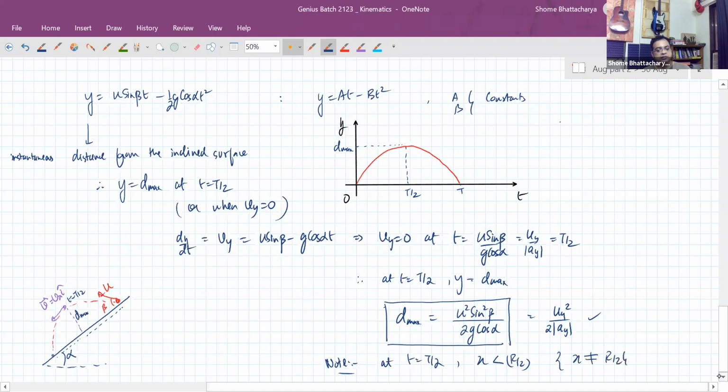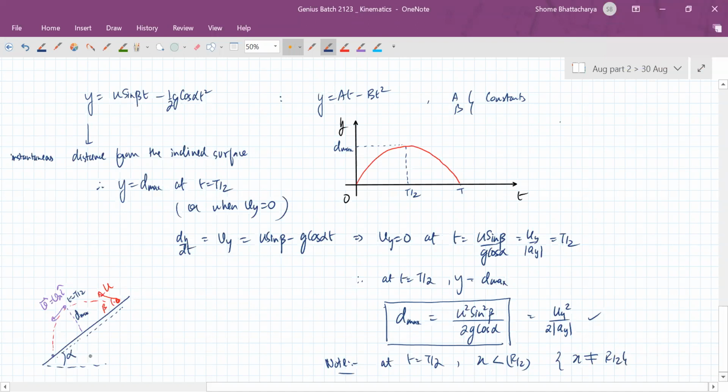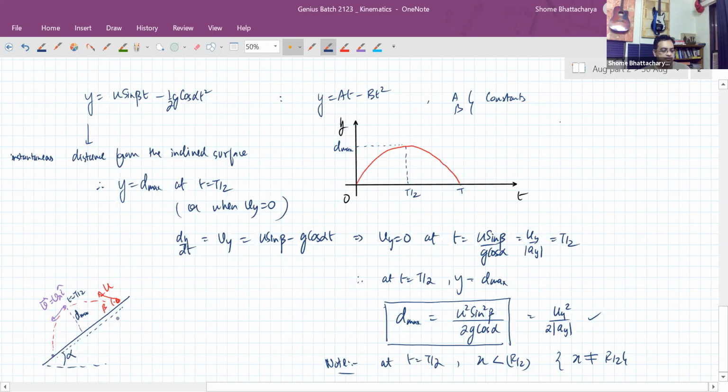So what is x geometrically? The x coordinate is nothing but the distance along the inclined plane; this is your x-axis. Okay, sir. So you're understanding this one, right? If this is your x-axis and this is your y-axis, then at the time when it reaches the maximum distance, you can see now in my diagram that it is slightly asymmetrical.